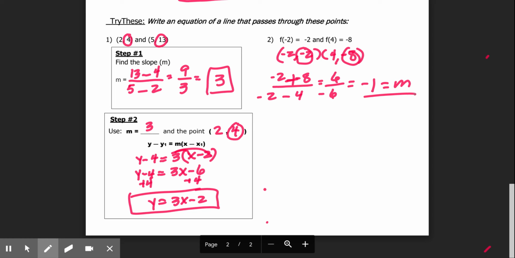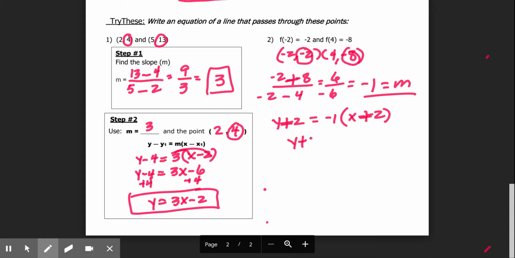Now, it really doesn't matter the ordered pair. I'm just going to go ahead and stick with (-2, -2). So I have y minus a -2, which becomes a positive 2, equals -1 times the quantity x minus the -2, which becomes a positive 2.